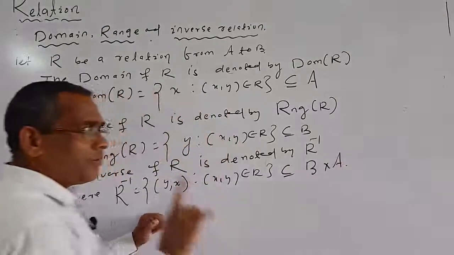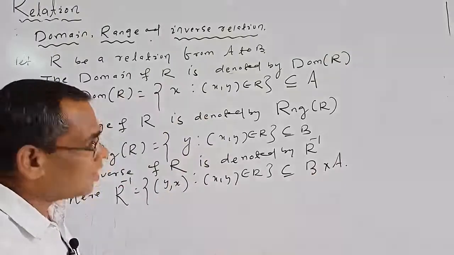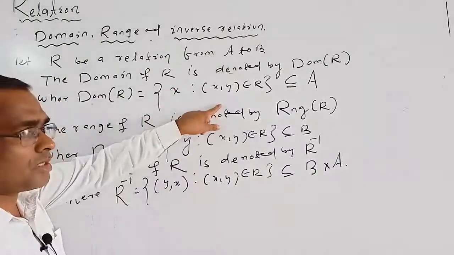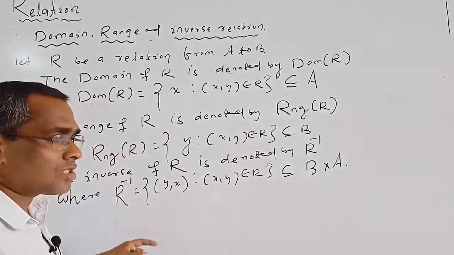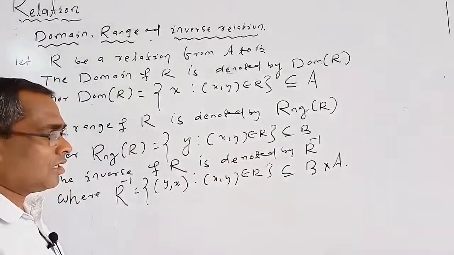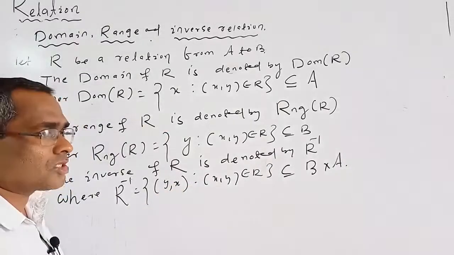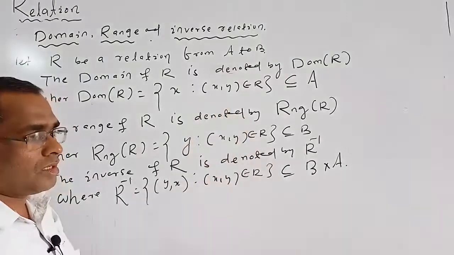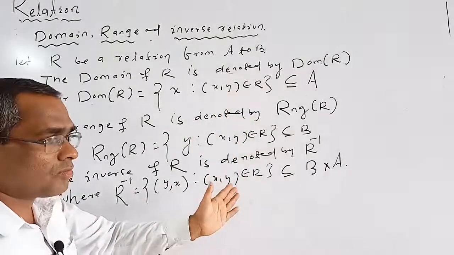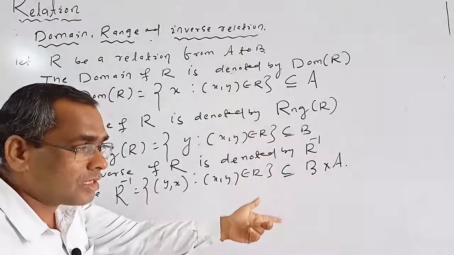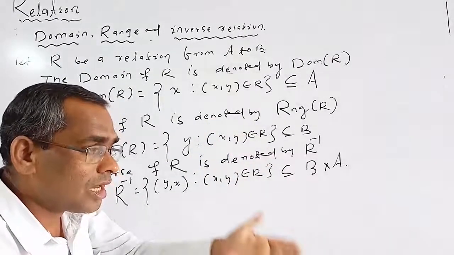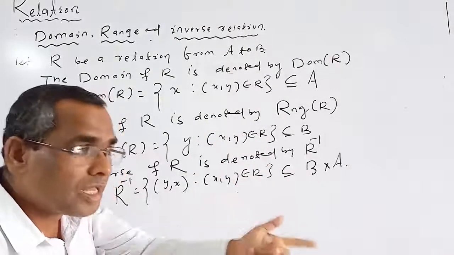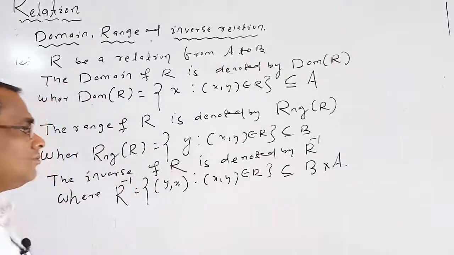Remember this one. If R is a relation from A to B, then R must be a subset of A cross B. Since R inverse is the collection of reversed ordered pairs, it must be a subset of B cross A. That's why R inverse is a relation from B to A. If R is a relation from A to B, then R inverse is a relation from B to A. Do you understand?